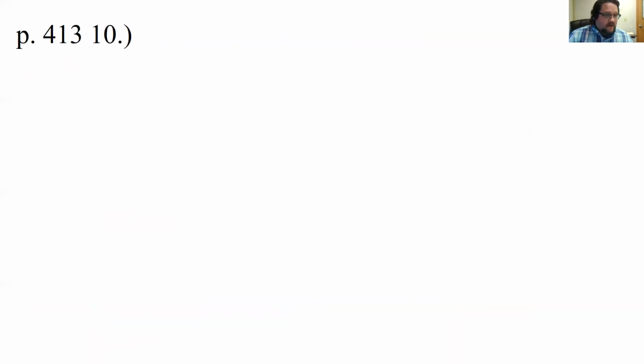So let's look at page 413, number 10. Consider 2 independent binomial experiments. In the first one, we have 40 trials, and we got 15 successes, okay?